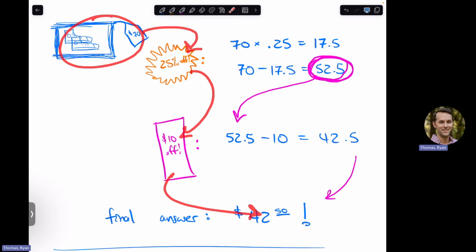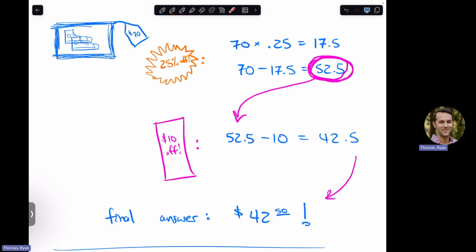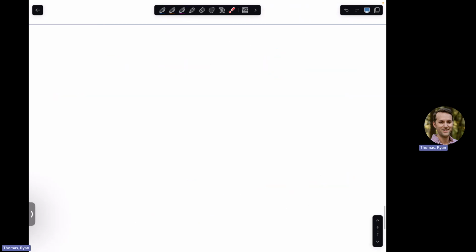But this middle part, we go directly from one into the other one, right? I didn't jump back to 70, the price I started with. I used the value I got after doing the first process to do the second one, and then that gave me the answer, right? Okay, that's how composition works. You do one, and then you do the other one.